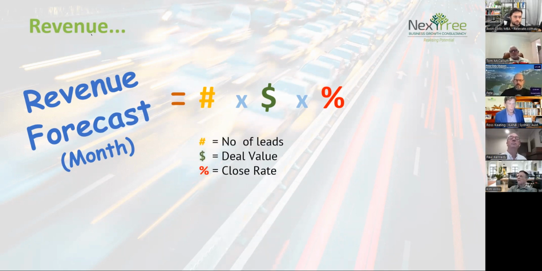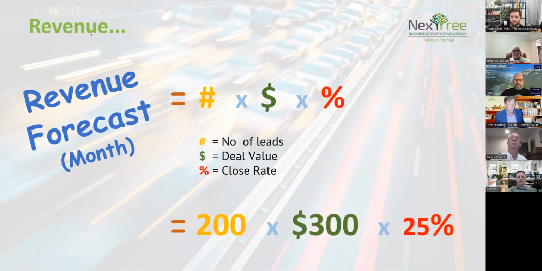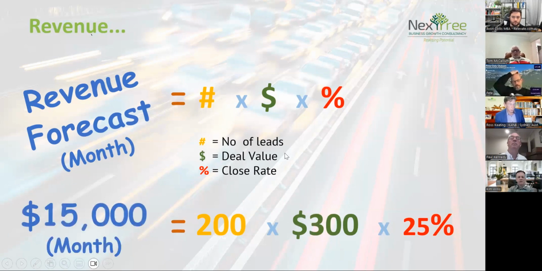If you do that for every month and multiply the outcome by 12, you'll get an annual revenue forecast. So if you do that number, for example, you'll find that that's 15,000 a month. You multiply that by 12 and you get the answer.